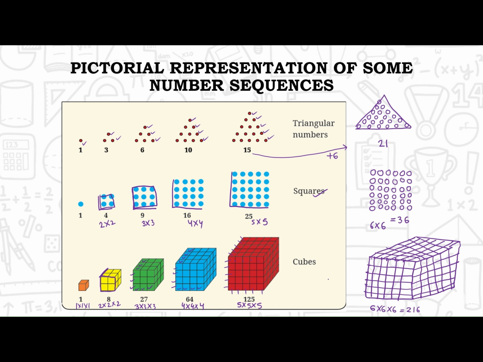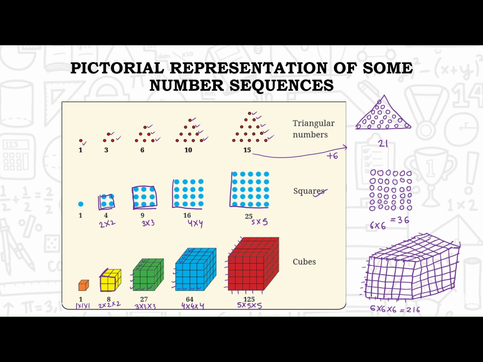I will just correct this figure a little bit from here, like this. Okay, so it's 216. As you can see, 6 from here, 1, 2, 3, 4, 5, 6. 6 from here, and 6 from here.